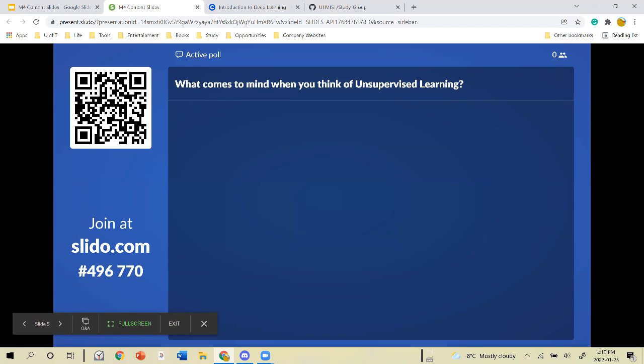If you could go on Slido and type in this ID, just to get our ideas flowing. What comes to mind when you think of unsupervised learning? I'll give a few minutes for all of us to answer, and then we can see what we think about it already.